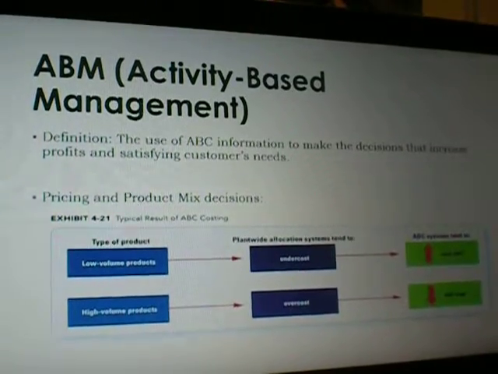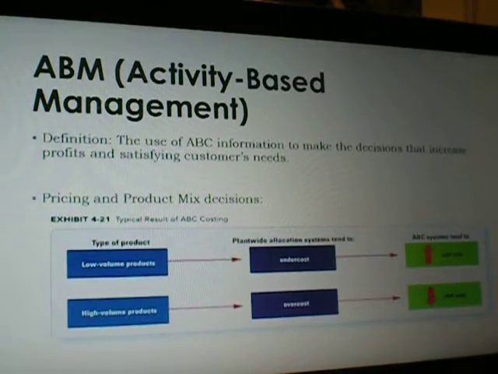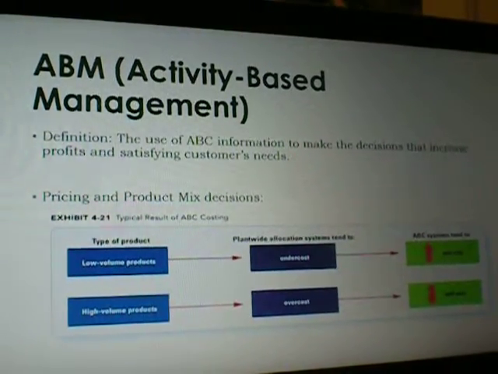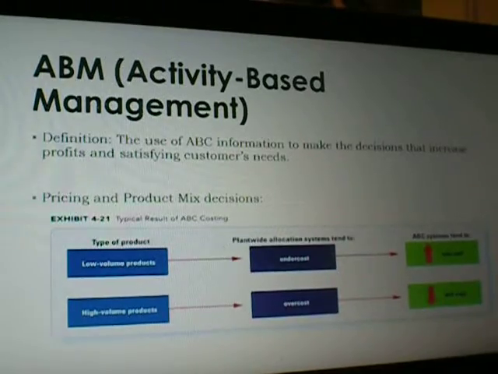In the book, there's a section under pricing and product mix decisions. That was kind of hard to read, and what I got out of it from the text was Exhibit 4-21, typical result of ABC costing.